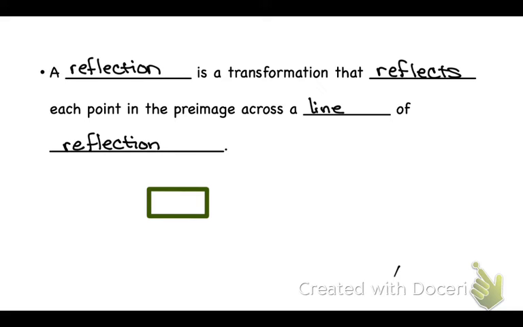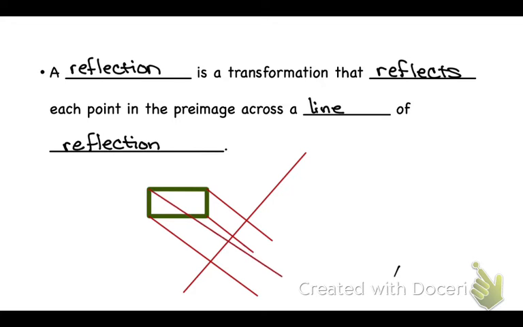So I'm going to take this object and reflect it across this line. So it reflects every point over here to make a new image.